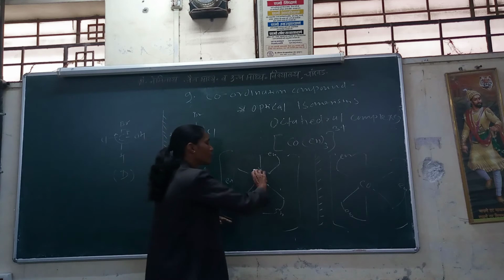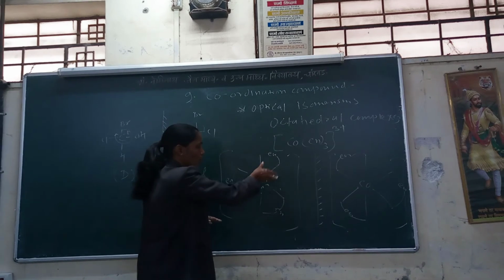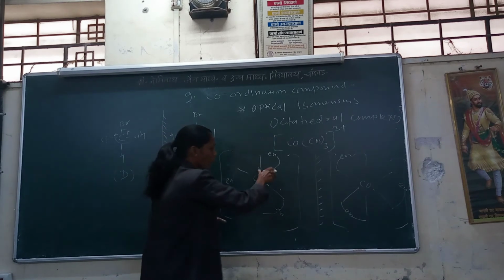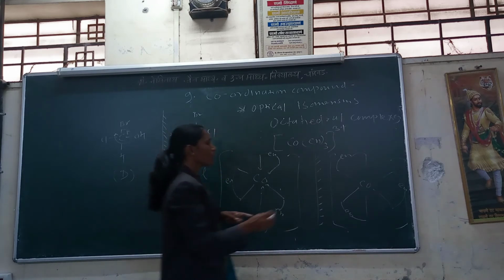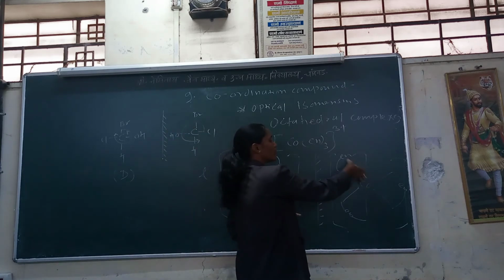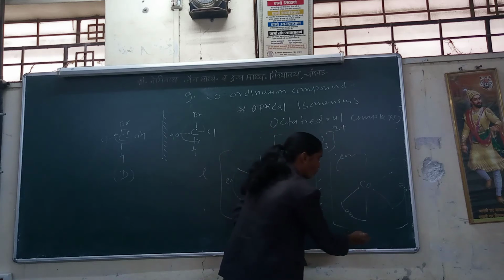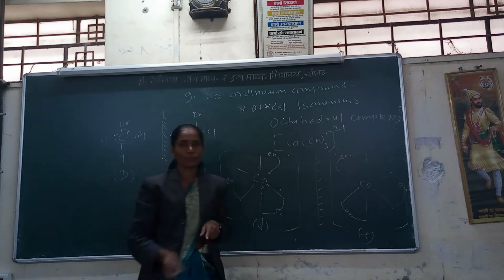The rotation of plane polarized light clockwise means dextro, small d. Here the rotation of the plane is anticlockwise, meaning levo.